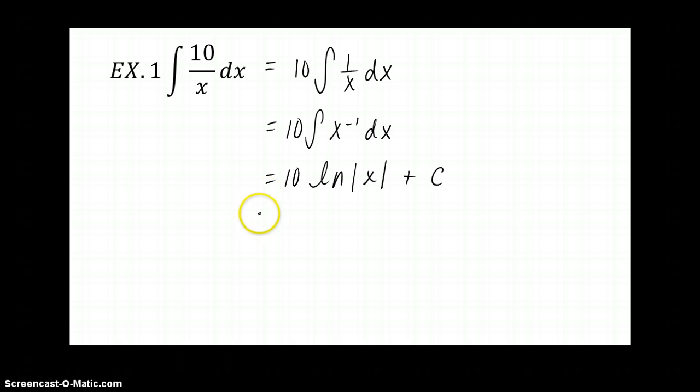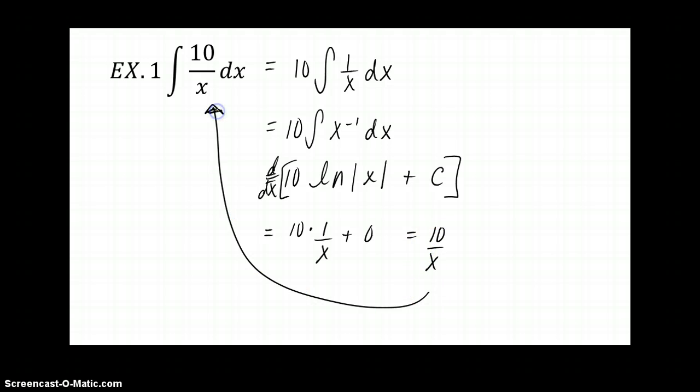Now, as we do these, maybe after the video, if you want to check your answers, 10 times 1 over x plus 0. So 10 over x is our original integrand. Now, from here on, I'll go right from this step to the antiderivative. Okay, so I need you to recognize the 1 over x to the first power would just be the natural log of x when we integrate it.